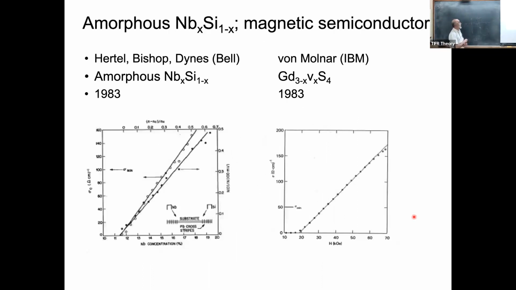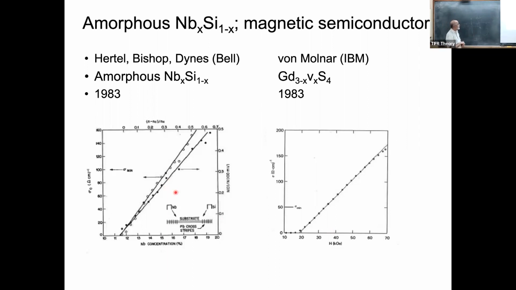So the people at Bell Labs, Bishop and Dynes, along with the grad student or postdoc, Hertel, did the measurements not only of the density of states, like McMillan and Mael did, they also did the conductivity. So there are two curves there.